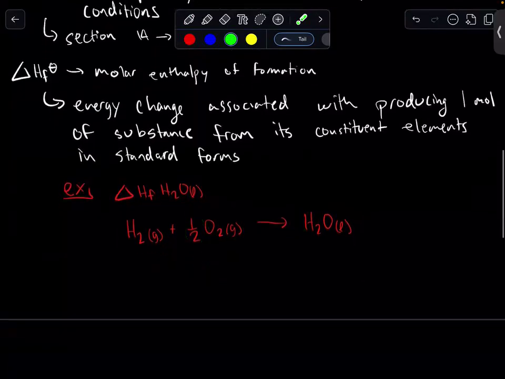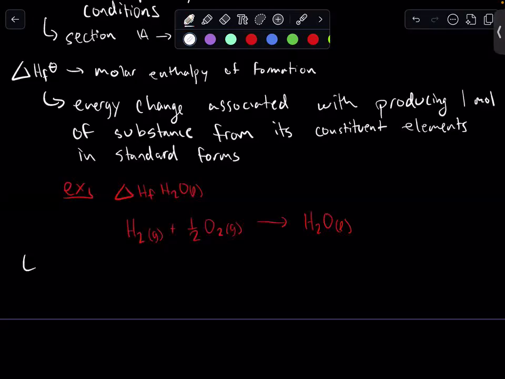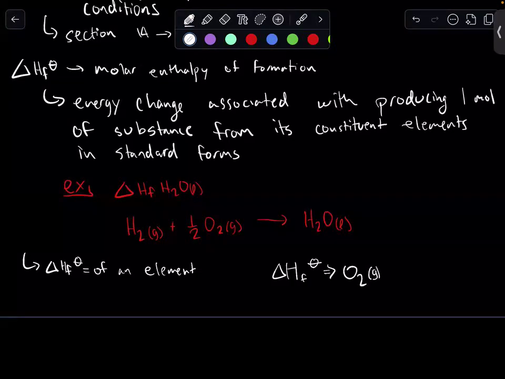One of the common other things that we run into with this is, what is delta HF of an element? Like what if instead of making water, what is it of, for example, delta HF of oxygen? Well, the standard form of oxygen is in fact oxygen.